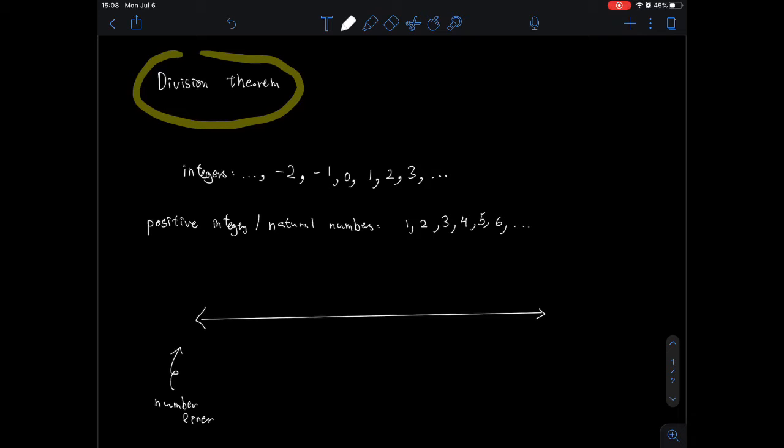There are other points on the number line that don't correspond to integers, such as 1/2, square root of 3 or pi. But in this unit, we'll focus most of our attention on integers. 0, 1, 2, 3, 4, and so on. -1, -2, -3, -4, and so on.